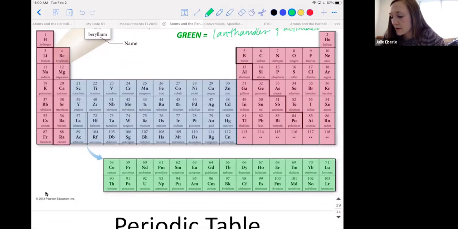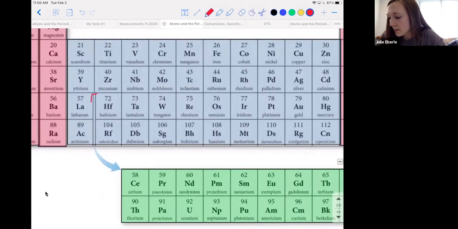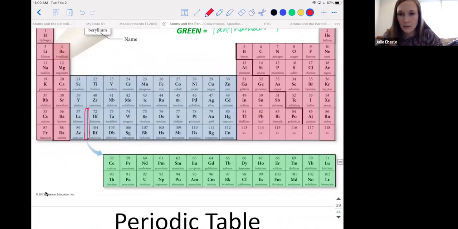But they're down here. Notice this arrow. So these lanthanides and actinides are actually tucked up in here between these row 6 and 7 elements. They're part of row 6 and 7. But for space and printing purposes, that would make a really long periodic table. So they just pull them down to keep things spatially a little easier.